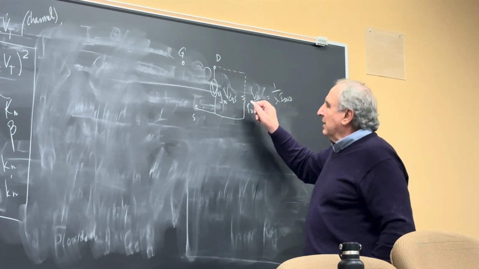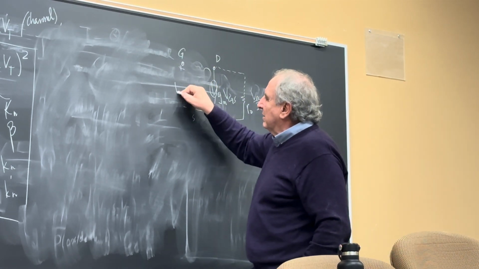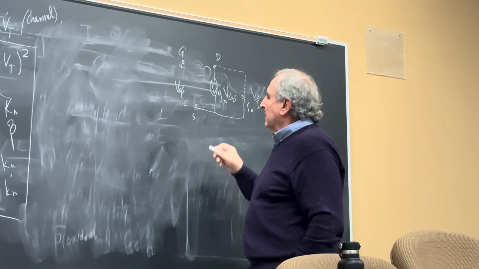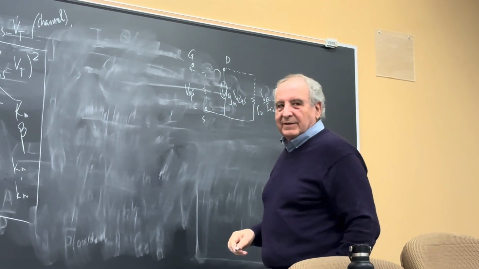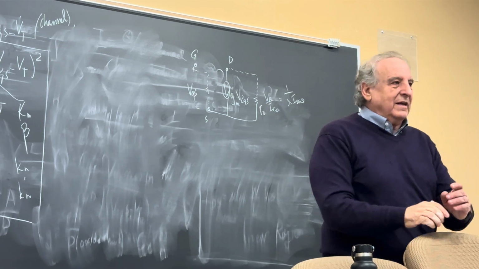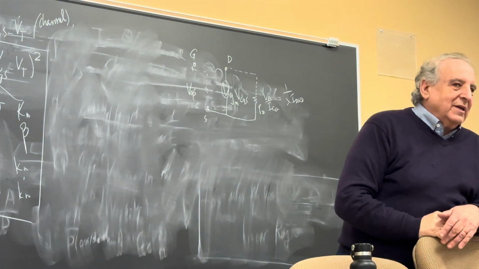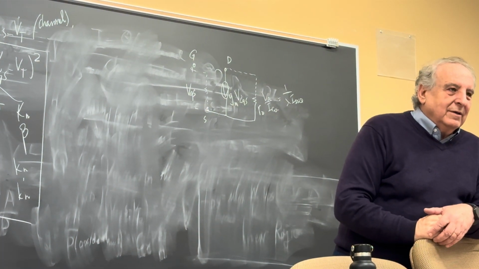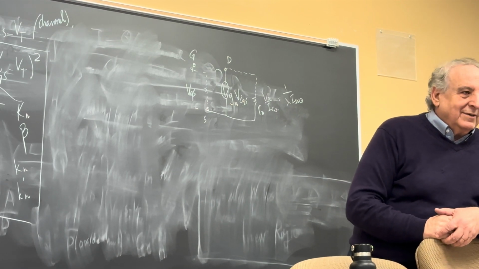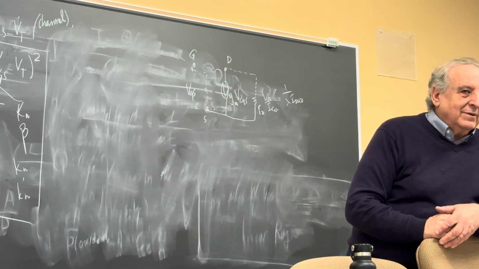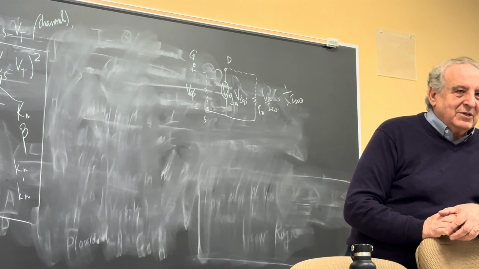This is R out. Here's VGS. What goes here? R pi. What's the value of R pi in a MOSFET? What's the input of the MOSFET? Positive VGS. There's a resistance. It's a capacitor.